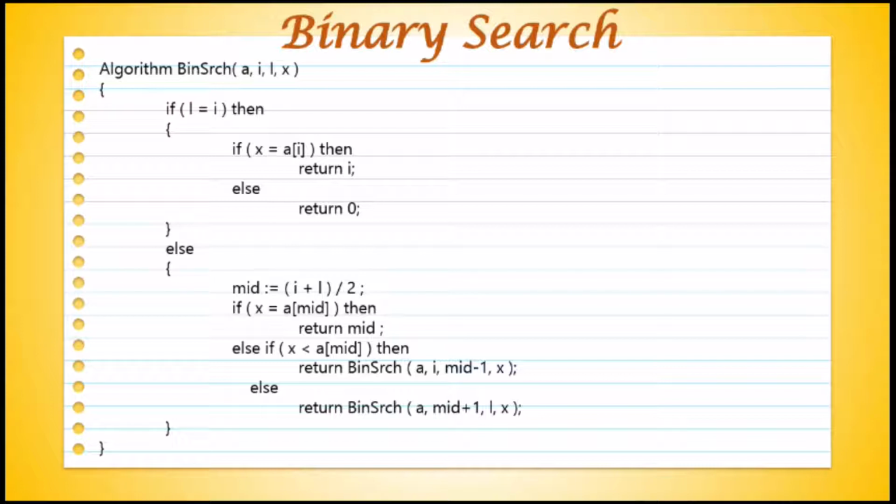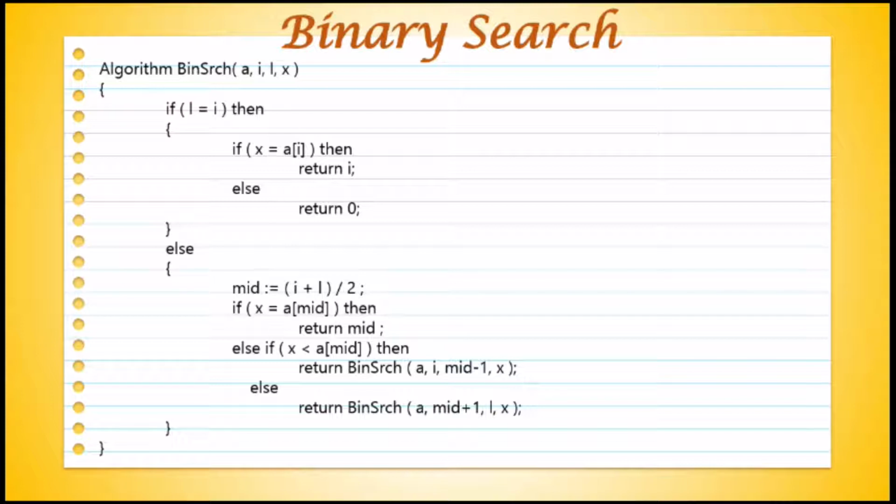So that's why we are changing the value of I, that is mid plus 1. So if X is not equal to A of mid and even X is not less than A of mid, then obviously X will be greater than A of mid. So in this case we are changing the starting position, so it will be mid plus 1. So again here also we are recursively calling the function.